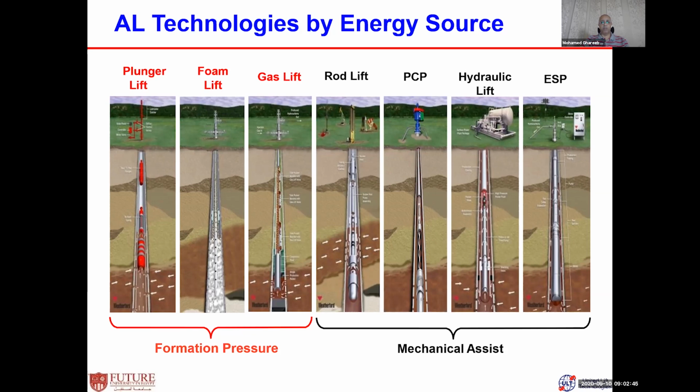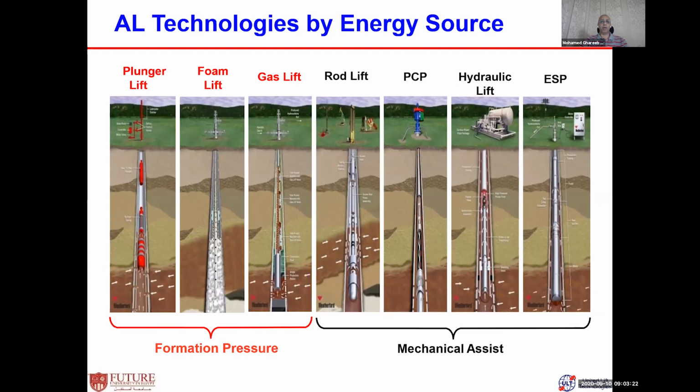We said that we have a variety of artificial lift systems. Some of them can be a mechanical assist, some of them can be gas or formation assist, to lift fluid from the well, to lift my desired production to the surface with a required wellhead pressure. Artificial lift is required to reduce the bottom hole flowing pressure against the reservoir to allow the reservoir to produce the design production based on well productivity.